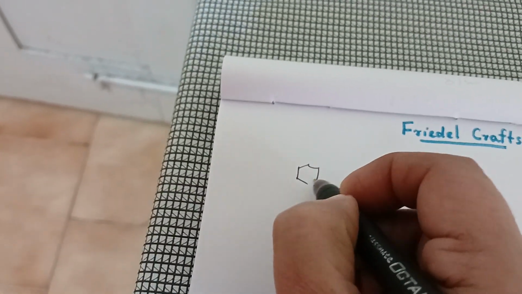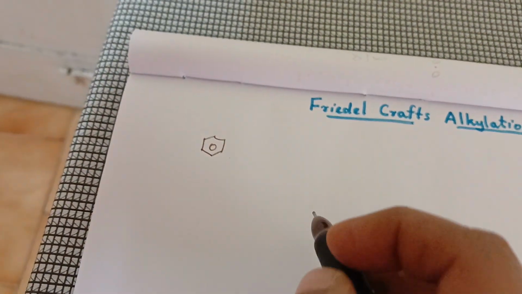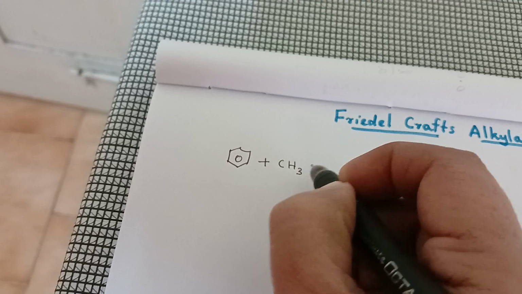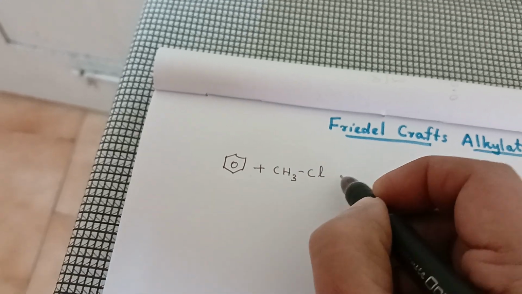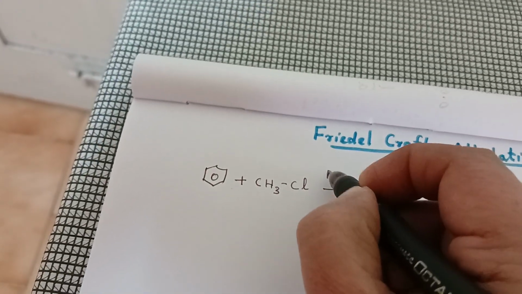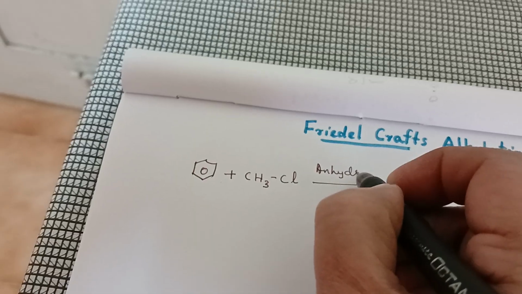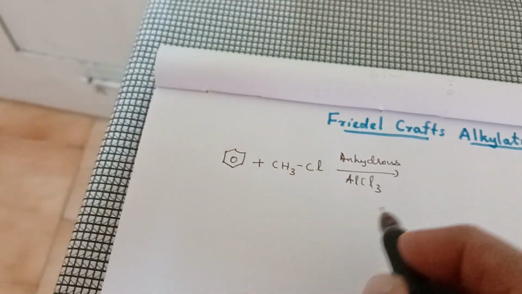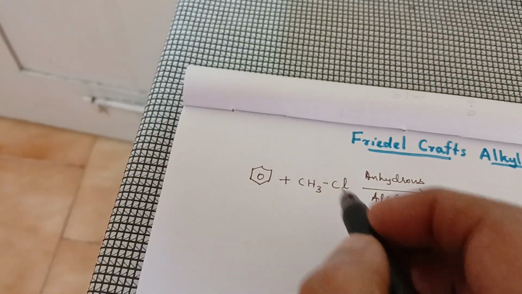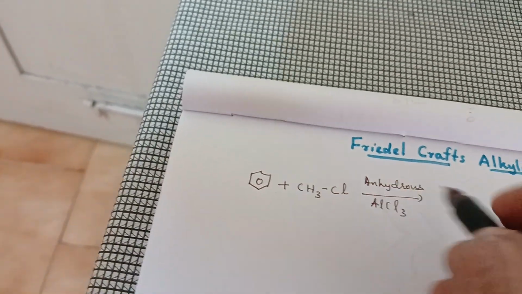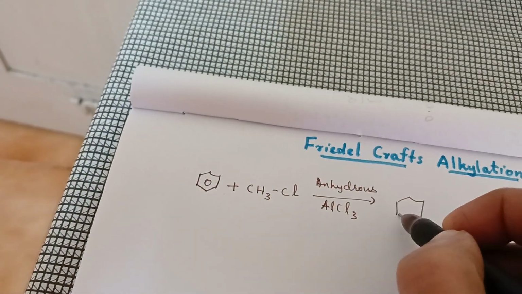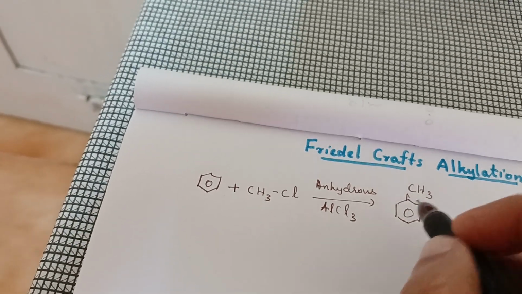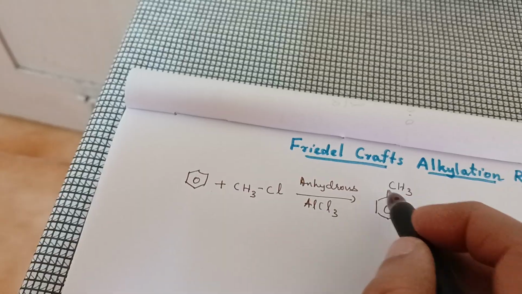So let us look at an example. Say this is the benzene ring. Benzene is treated with, we are taking methyl chloride CH3Cl, in the presence of anhydrous AlCl3. We can see that this CH3 is getting substituted on the benzene ring, so something else is getting removed from here.